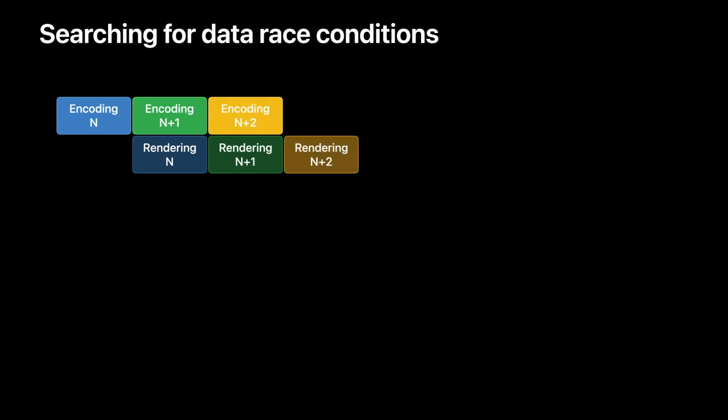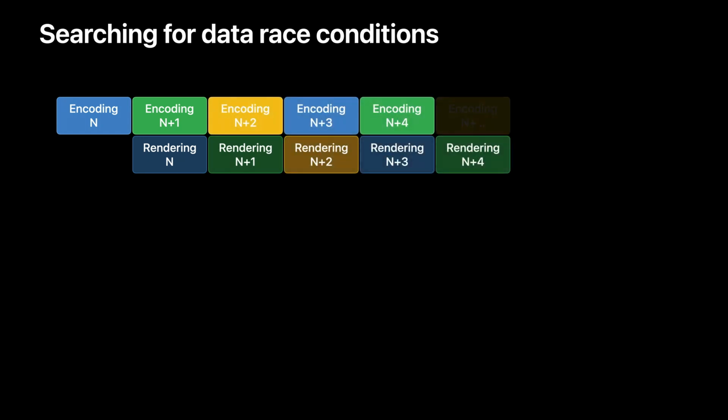Here you can see in this diagram the encoding and rendering of our frames. We are using colors to represent the shared buffers, which are updated at the beginning of the frame. Blue for buffer 1, green for buffer 2, and yellow for buffer 3. Ring buffers are typically used to implement queues, which need to use a compact amount of memory.